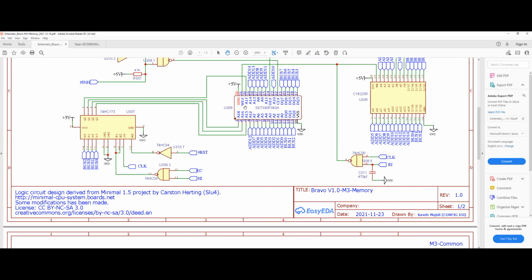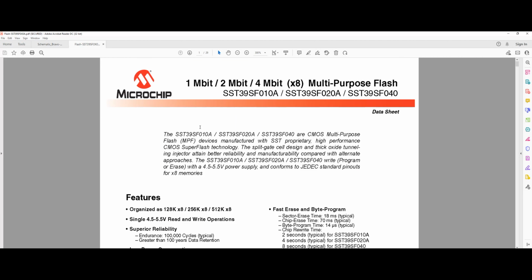Basically, every time that you want to write anything to those chips, first you need to follow a specific procedure and send specific data to specific addresses in order for the chip to be able to write anything into it. So in order to further clarify this point, we need to have a look at the documentation for these chips. So let's have a look at the datasheet for this specific chip that we are working on.